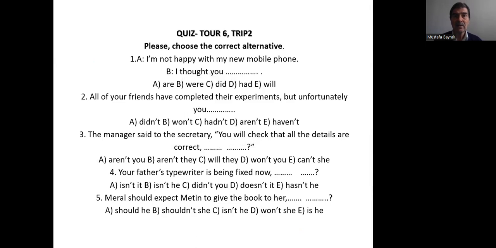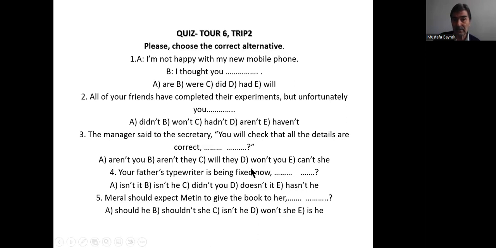Quiz time. Please choose the correct alternative. I am not happy with my new mobile phone. I thought you were. That means I thought you were happy with it. All of your friends have completed their experiments, but unfortunately, you haven't. The manager said to the secretary, you will check that all the details are correct, blank, blank.